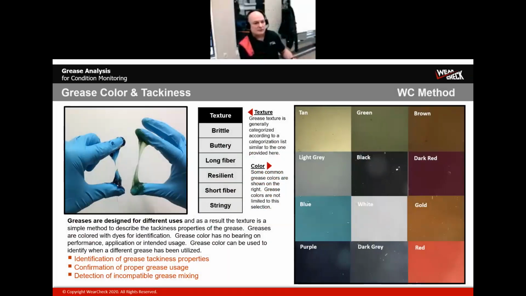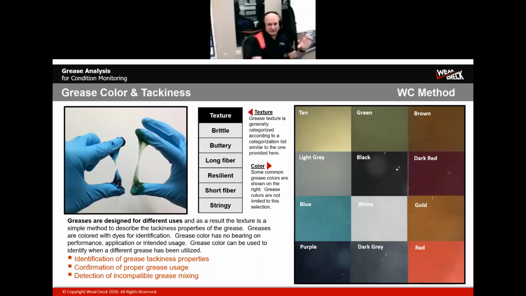Another quick two tests that you can perform on grease are the color and the tackiness. So tackiness, there's a variety of scales that are out there. This is the one we use in this little texture table here. But essentially, taking a small sample of the grease and rubbing it between your fingers and then pulling it apart, you can see if that grease is brittle, buttery, long fiber.